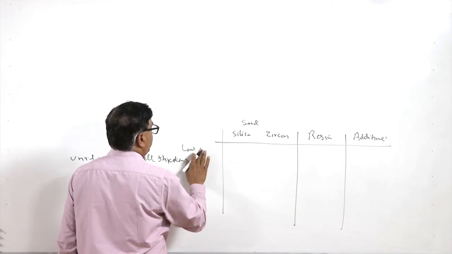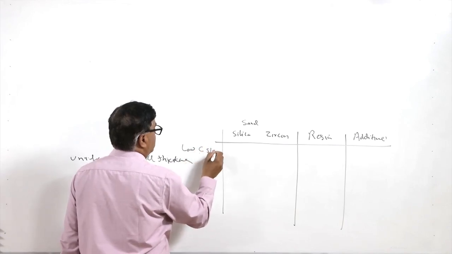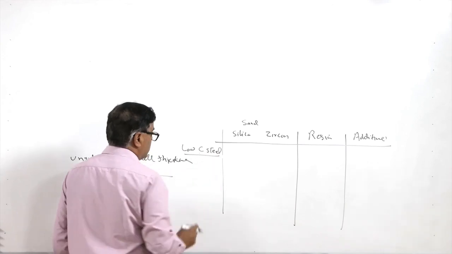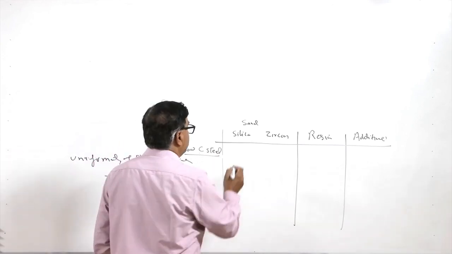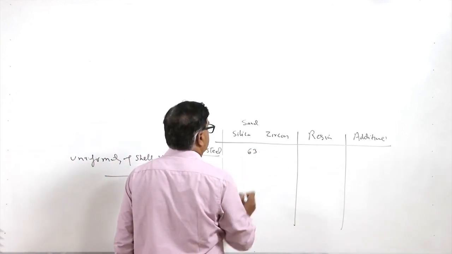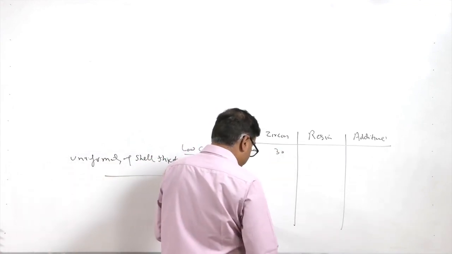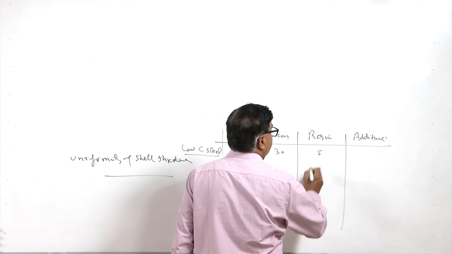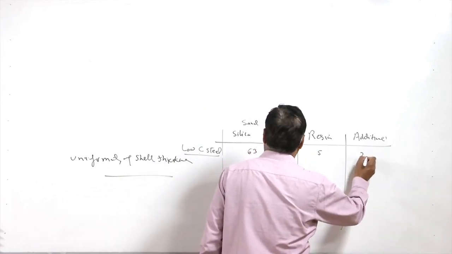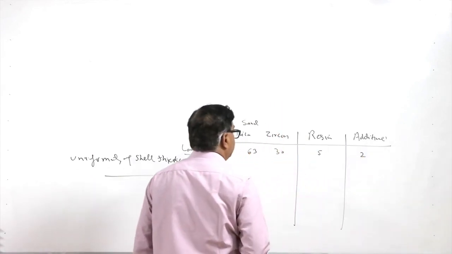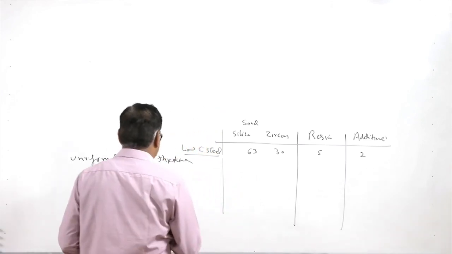So, for low carbon steels, basically 63% silica sand, 30% zircon sand, 5% resin and 2% additives are used.